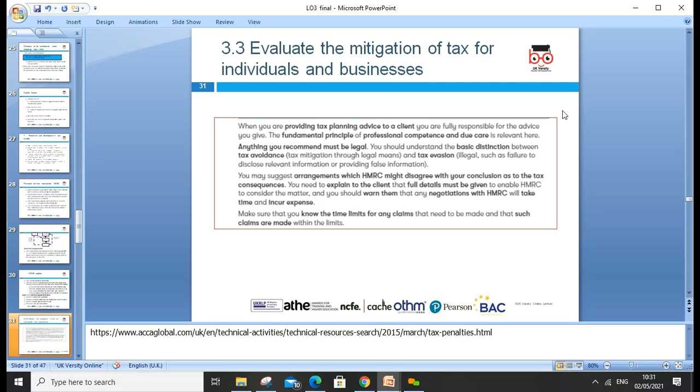Make sure you know the time limits for any claims that need to be made, and that such claims are made within the limits. I copied the link here for further reading. It is a technical article to look around. Any questions in this regard?